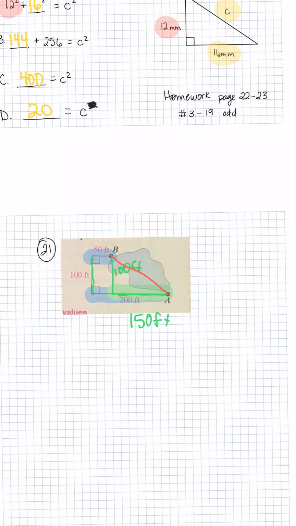So we are going to have 100 squared plus 150 squared equals C squared. 100 squared equals 10,000. 150 squared equals 22,500.